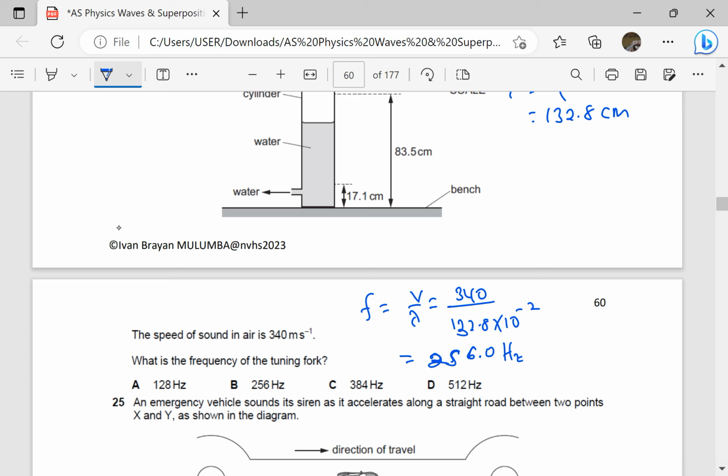So the answer is going to be B, 256.0 hertz.